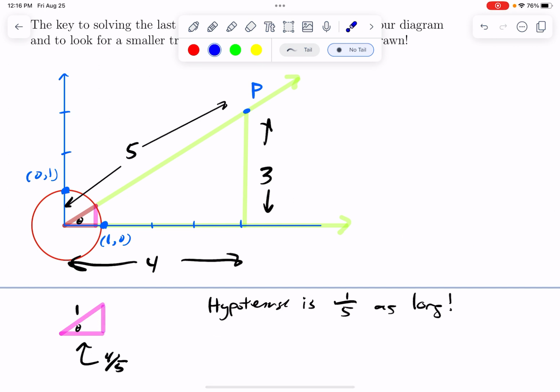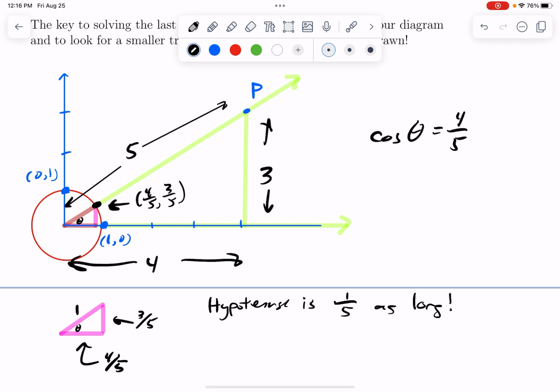If it's 1/5 the size, this one is 3/5. So that means this point right here, we went over 4/5, we went up 3/5. And what we'll discover is that cosine of that angle is 4/5. Sine of that angle is 3/5.